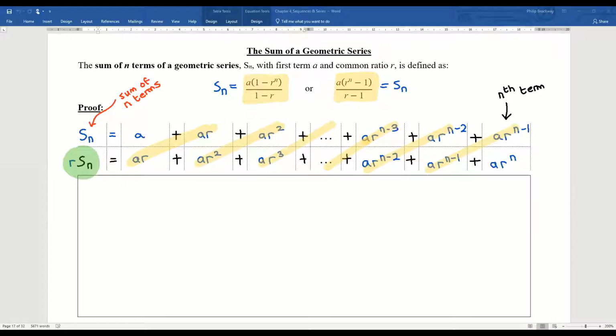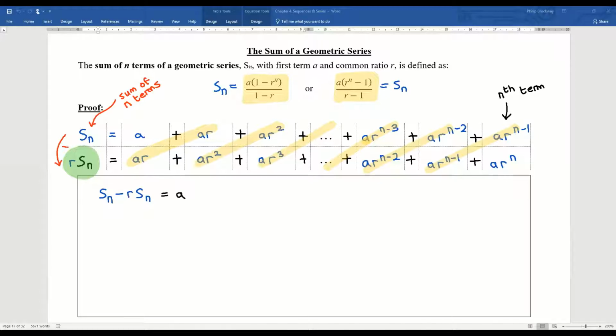Okay, well, if I take my summations and if I subtract one from the other, I'm going to get this. So if I do Sn subtract rSn, so I'm going to subtract in this direction. Okay, what happens? And this is the exciting bit. So what you're going to get is a.